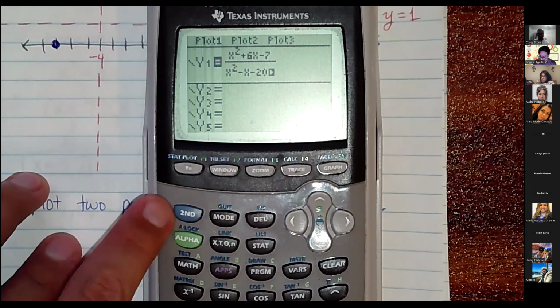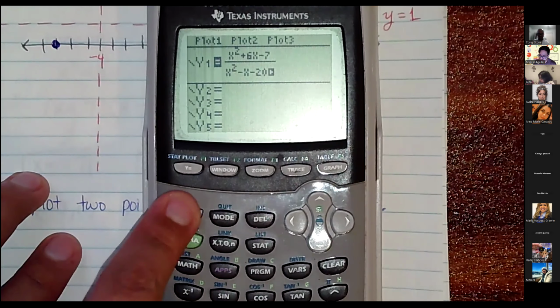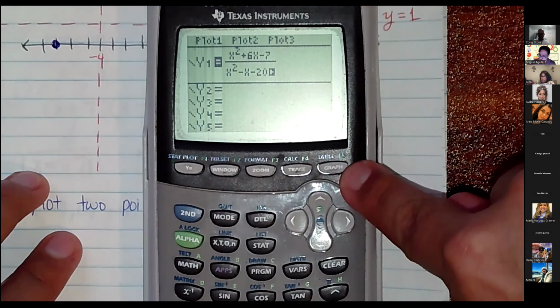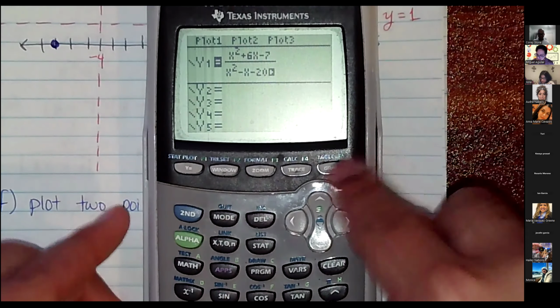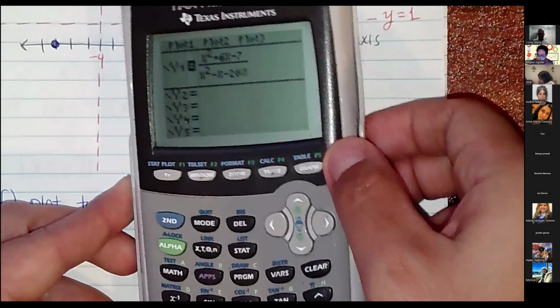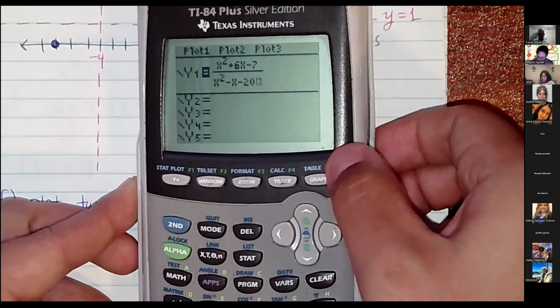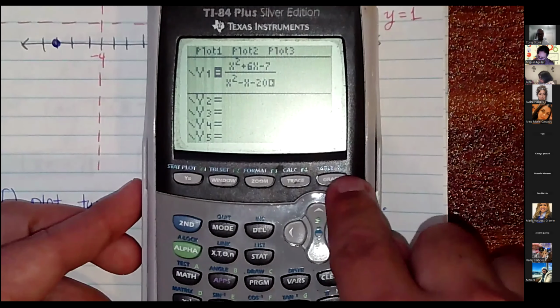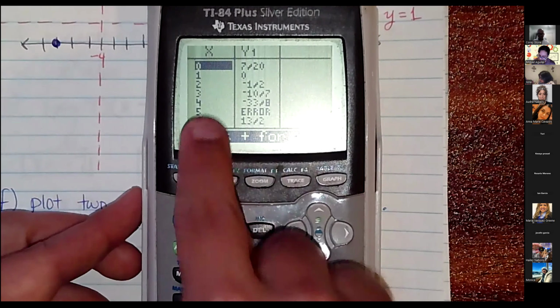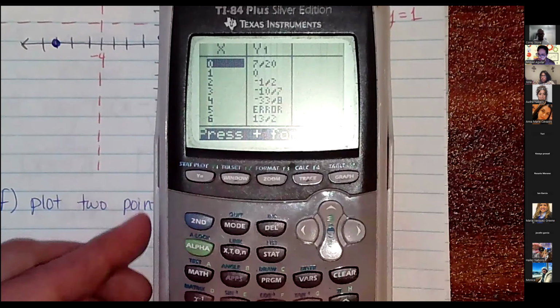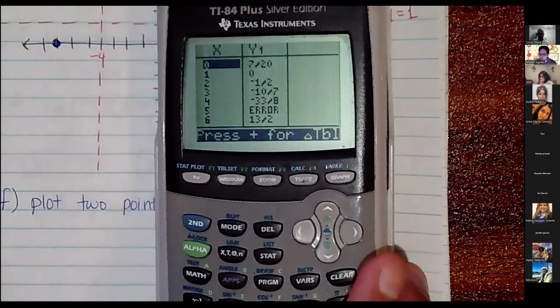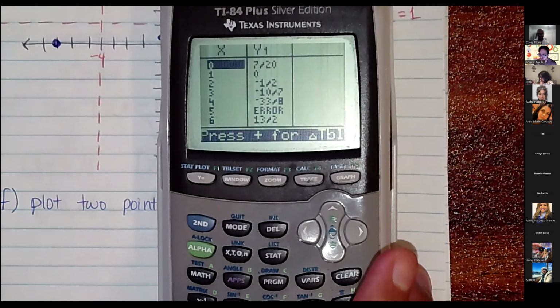Okay. Then I'm going to hit the second button, and then this graph button over here, because I hit second, it's going to let me see the table. Okay, you see the little blue word that says table there? I'm going to go ahead and click on that button. And now I have the table of all of the XY pairs that belong to this function.